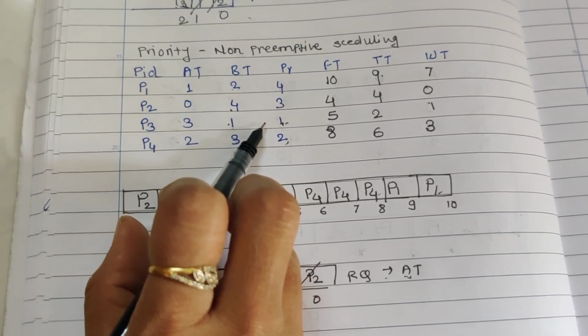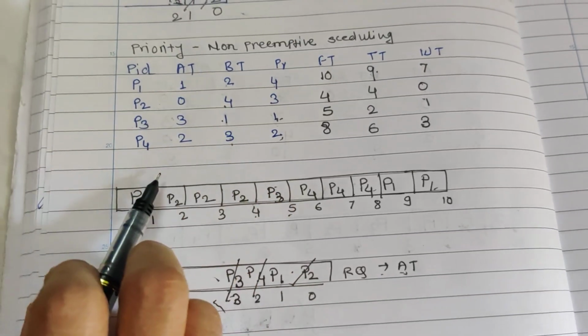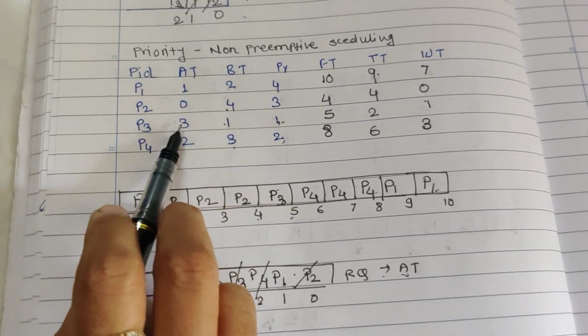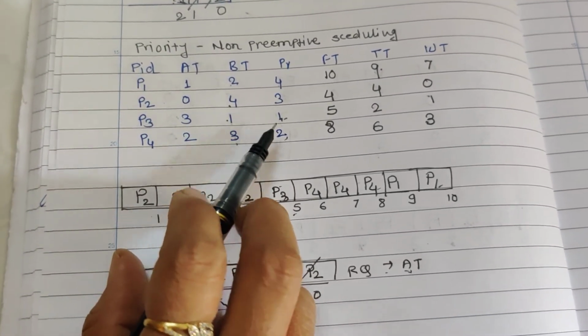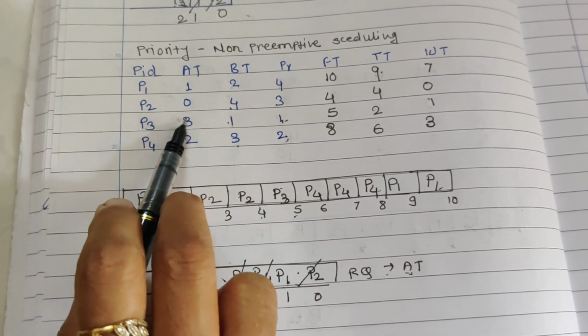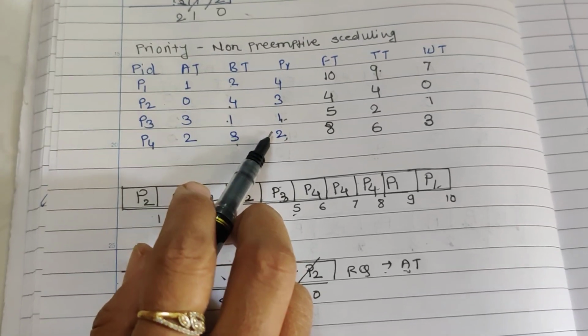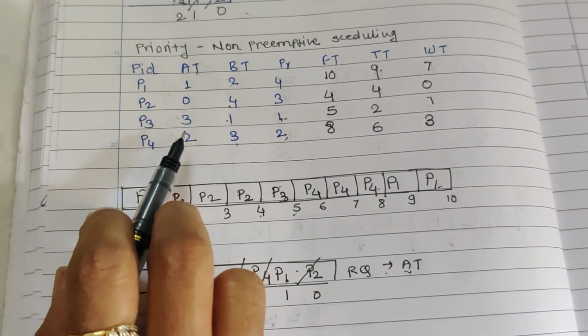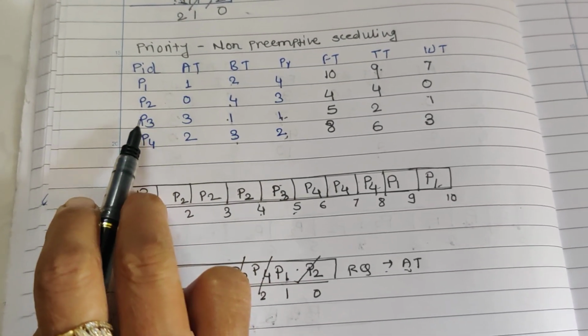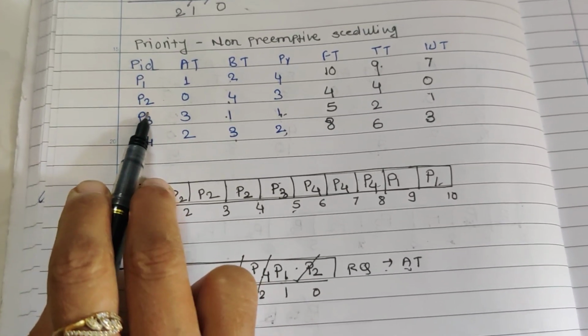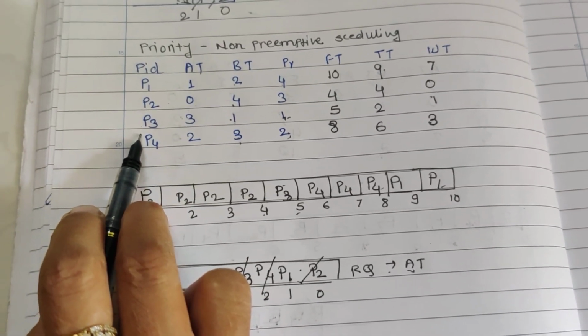But we can also have a scenario where two processes have the same arrival time and the same priority. In that case, to break a tie, we can go for the FCFS approach. Whichever process is there first in the table, we can select that particular process.